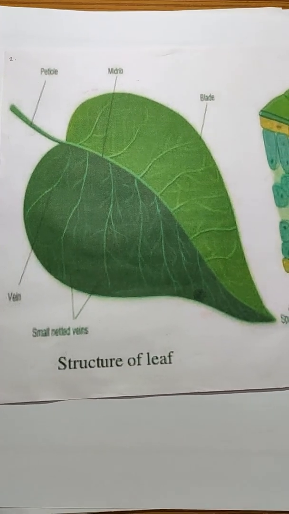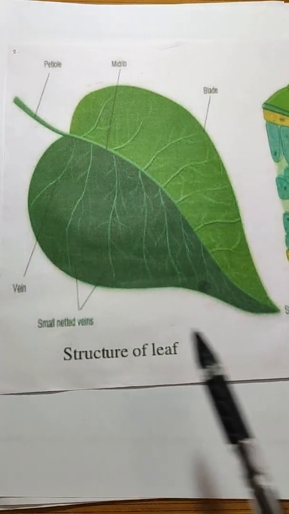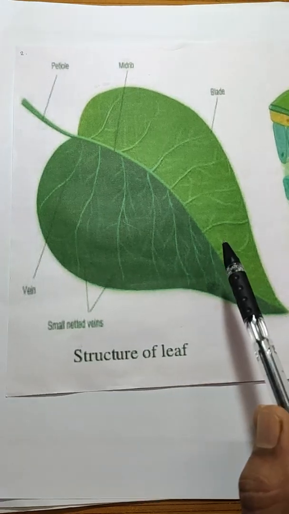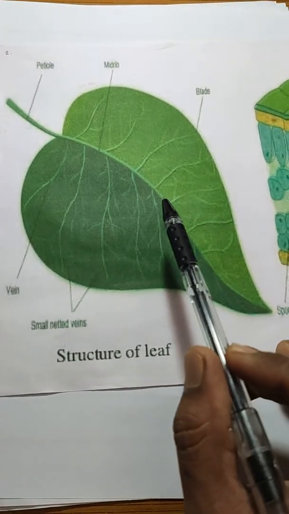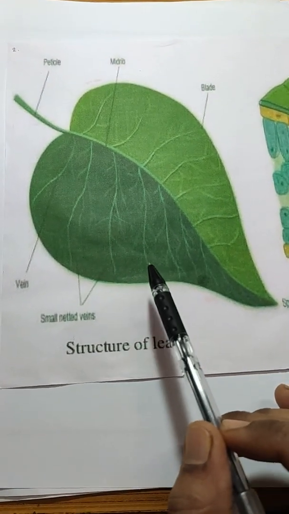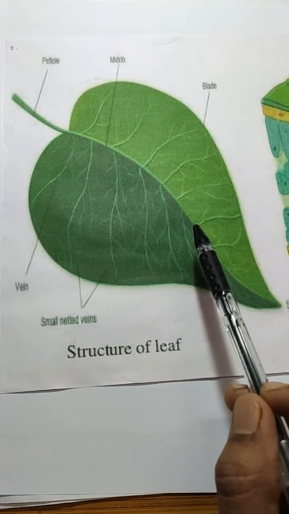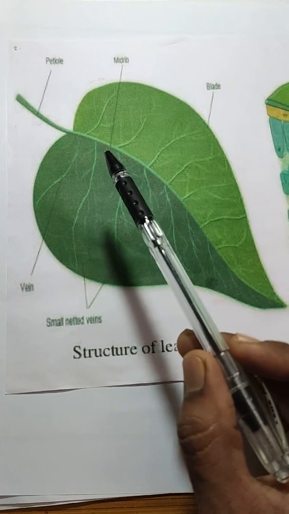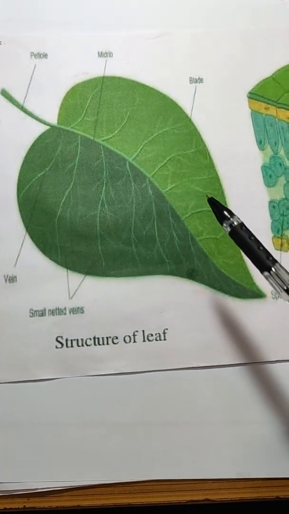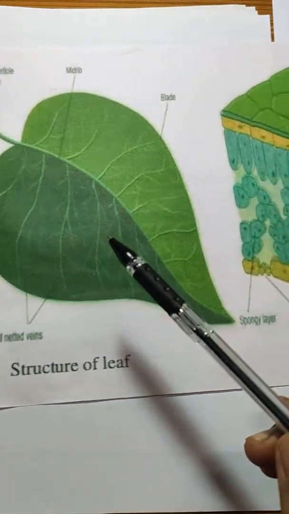This is the structure of a leaf. These are veins, this is green in color, and this green color is due to the chlorophyll pigments present in the cell. This is the midrib, this is the petiole of the leaf, this is the lamina, the upper surface of the leaf.